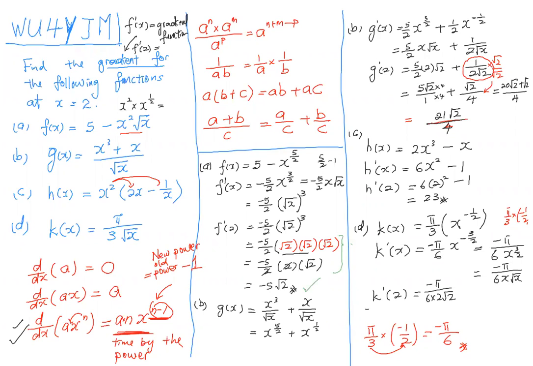So now the answer becomes negative pi root 2 over 24. Is it okay, everyone? Okay or not with you? How can I get 24 here? You multiply square root 2 over square root 2, then multiply. So 6 times 4, 24. So I got this answer.